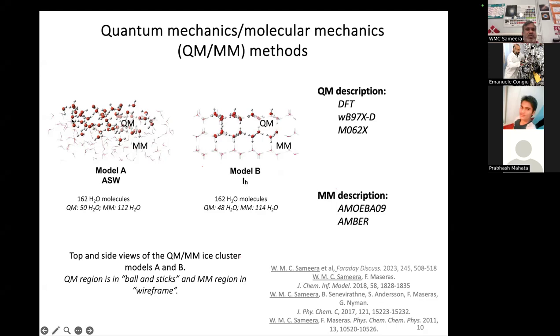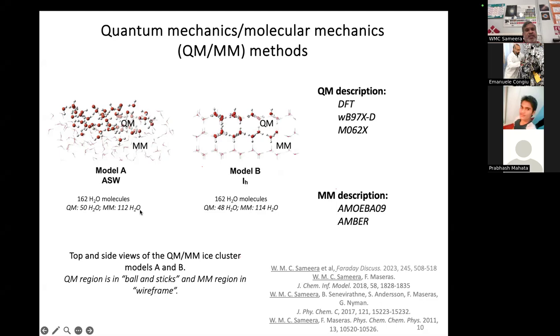This is an ice cluster model, and the QM region here has 50 water molecules, and the MM region has 112 water molecules.